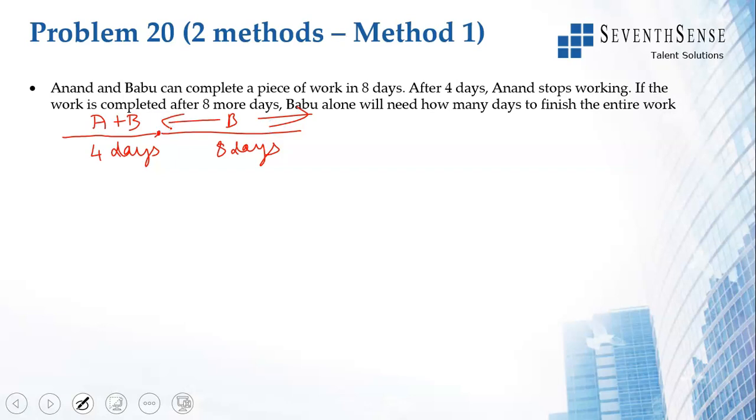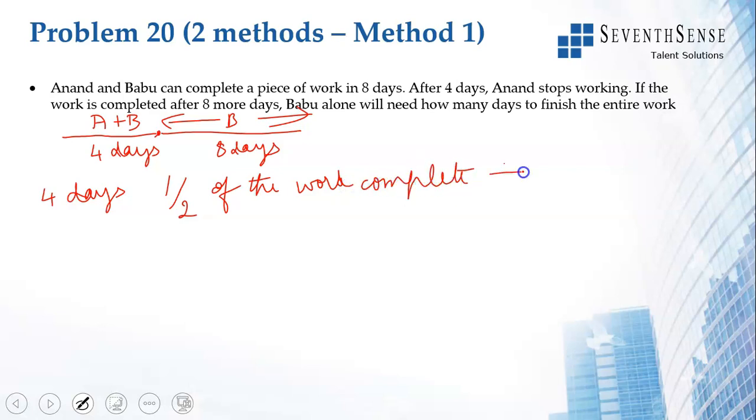There are two ways to solve. We'll look at both the methods. Anand and Babu complete a piece of work in 8 days, which means in 4 days, half of the work is done. This is done by both A and B. Now only B works.